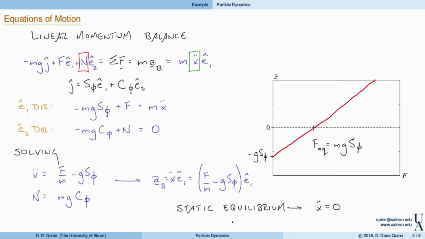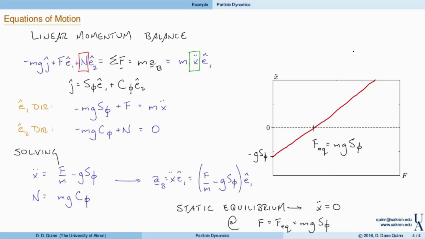So at this value, F is equal to mg sine of phi. So again, we're able to look at statics as a special case of dynamics.